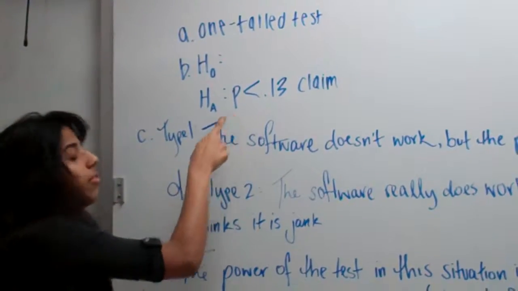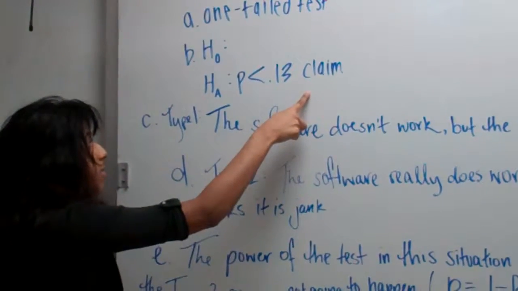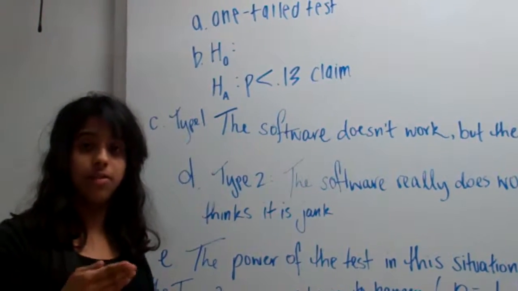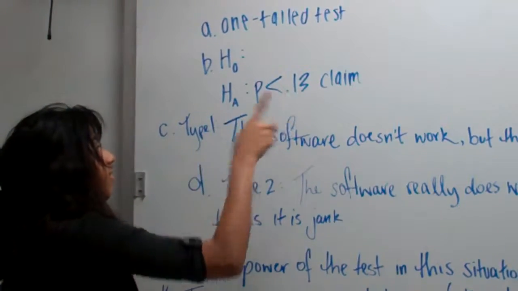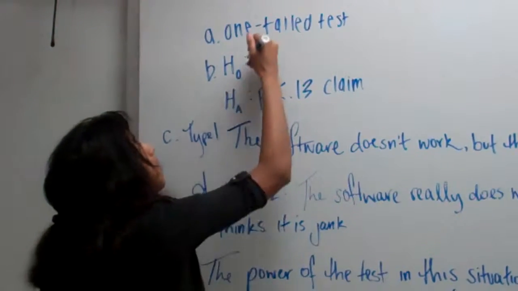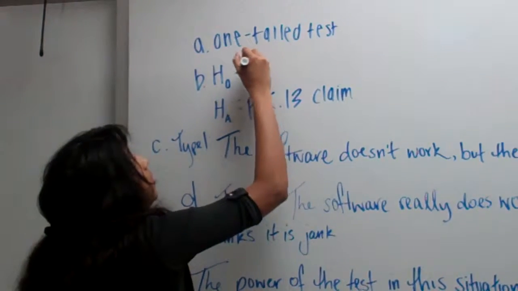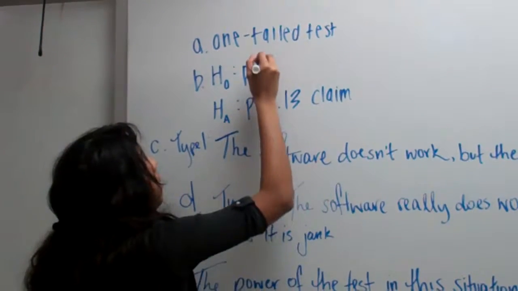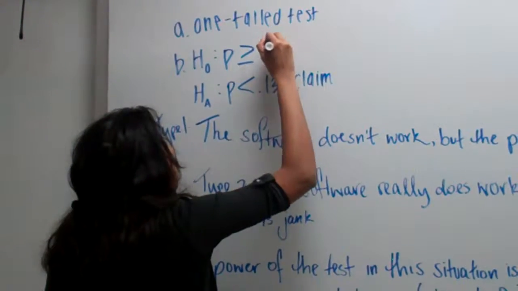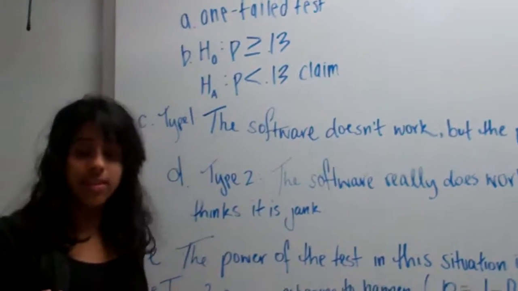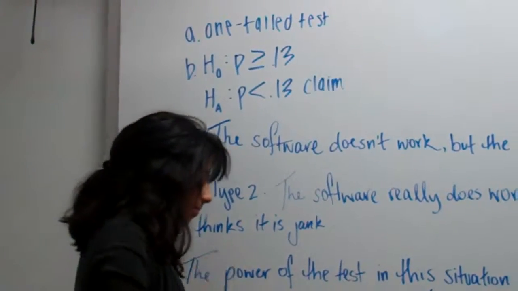Now remember, this is written like this because the claim was that the software will allow the dropout rate to go down, hence why the alternative hypothesis is the claim. From that, we can get our null hypothesis, which would be that P is greater than or equal to 0.13, which would prove that the software does not work.